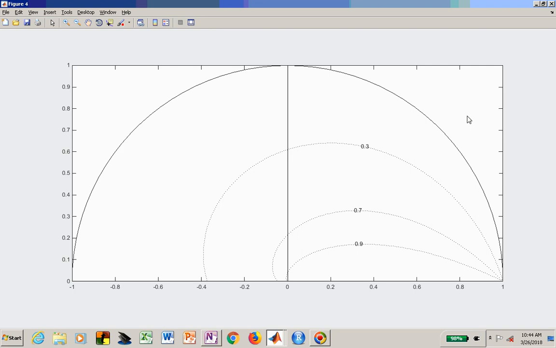And obviously you can put whatever values you want, and that gives you an idea as to how to sketch or produce some of these graphs to make your life a little easier when you're trying to locate these complex poles.